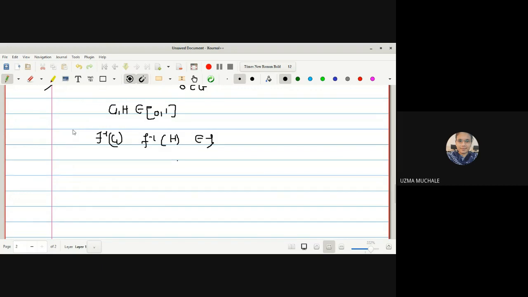We have come to the two open sets f inverse of G and f inverse of H, right? So let us write down what f inverse of G is. How to find f inverse of G? It is nothing but the set of x belonging to X such that f of x belongs to G. Why is this so?